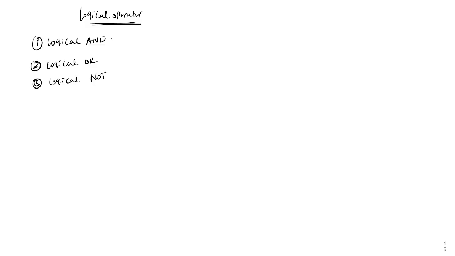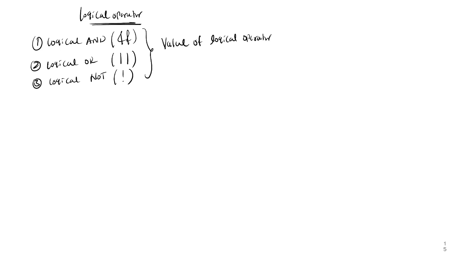The symbols are double ampersand for AND, two slashes for OR, and the exclamation mark for logical NOT. The value of a logical operator is either a false condition, a true condition, or don't care.